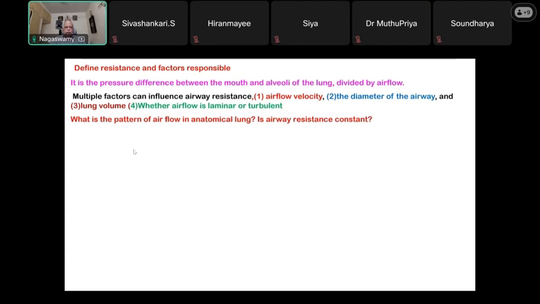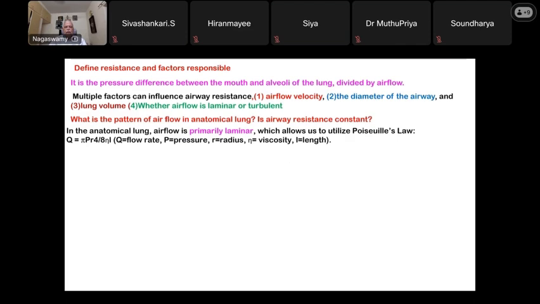So what is the pattern of airflow normally present in the anatomical lung, and is airway resistance constant throughout the lung field or different? In the conducting zones it is more turbulent, and in the smaller airways at the level of the alveoli it becomes laminar.